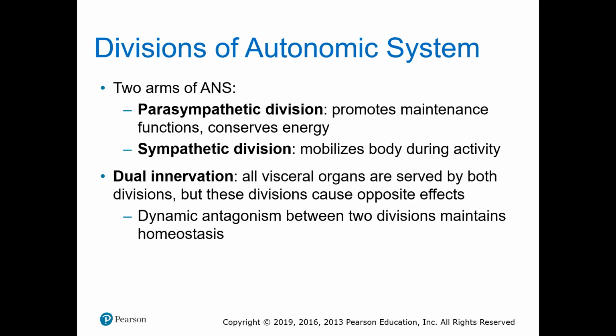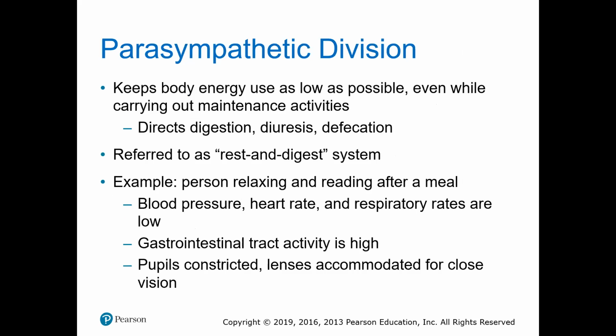The sympathetic side releases epinephrine into the heart to speed up the heart rate. They are antagonistic responses. One speeds up the heart, one slows down the heart. One uses acetylcholine, one uses epinephrine. Dual innervation. Most of our organs have innervation from both the sympathetic and the parasympathetic side.